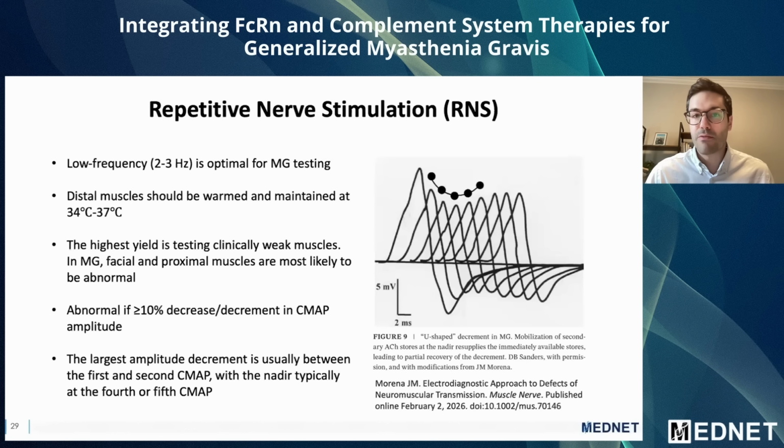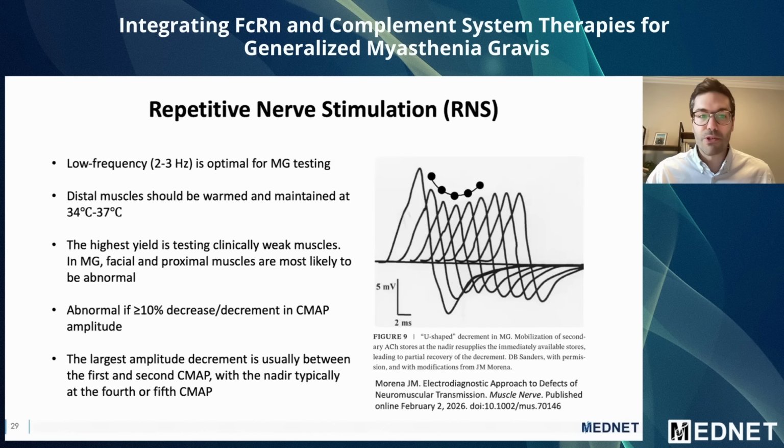I tend not to have as much problem with temperature on the more proximal muscles and facial muscles, which are the highest yield for testing. In general, if you do have a weak muscle, that's what should be tested first. But if you can't test that muscle in particular, you want to go for facial and proximal muscles.